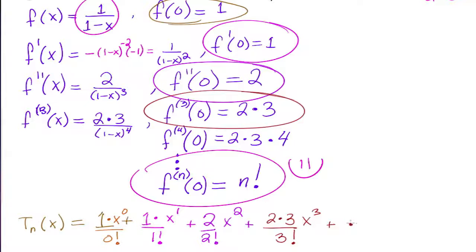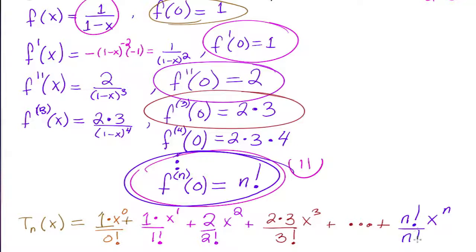Plus dot, dot, dot, plus the nth derivative, which is the one that I found, so n factorial x to the n over n factorial. The n factorial from the denominator comes from the Taylor polynomial formula that we derived last time. The numerators are coming from the values of the derivatives that we found.